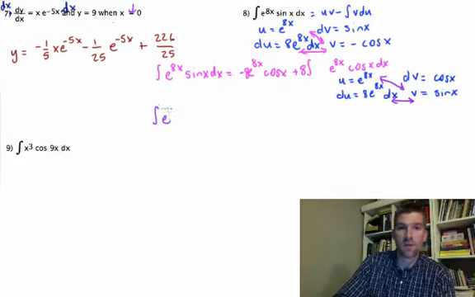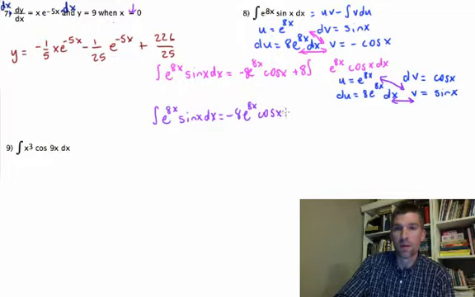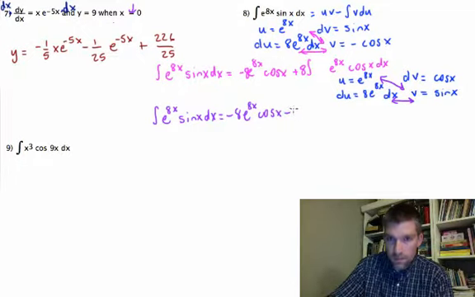The integral of e^8x sine x dx equals negative 8e to the 8x cosine x minus now the integral. Let's see here. 8 times that whole integral.